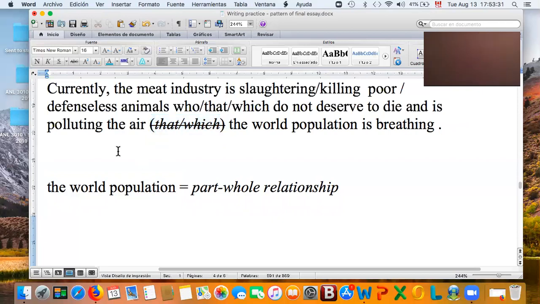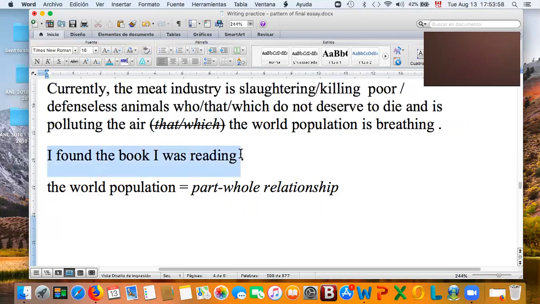So let me just make sure I found the book I was reading. Well, I know some Arabic speaking students, and in their language, when you build a sentence like this, well, they say something like, I found the book that I was reading it.